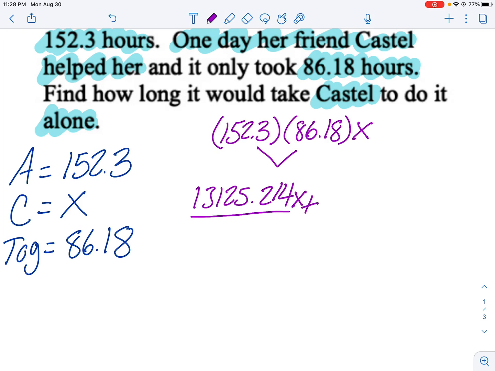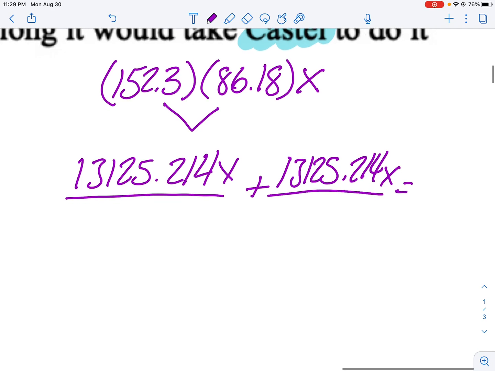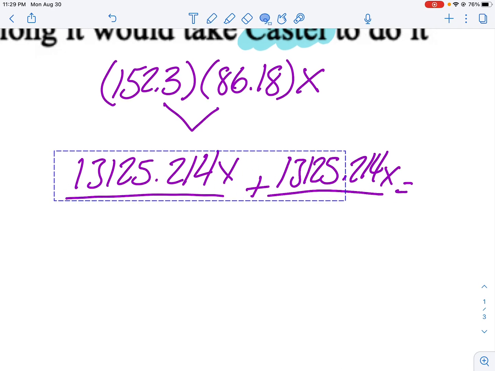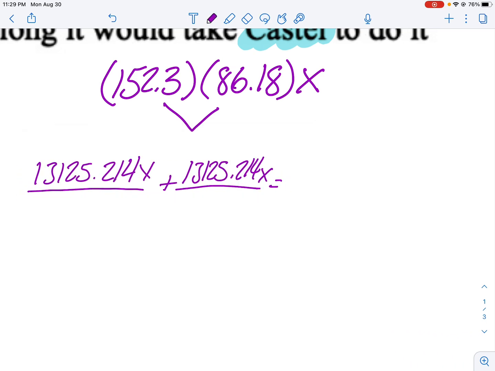I can't forget x. So 13,125.214x is equal to 13,125.214x.